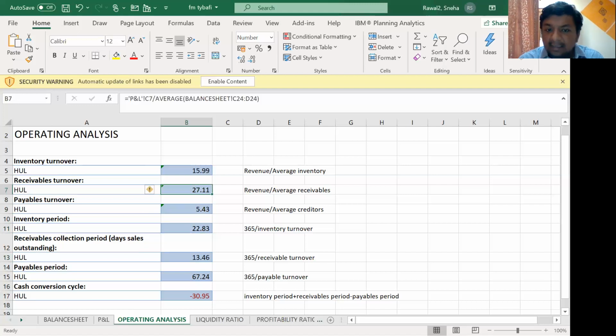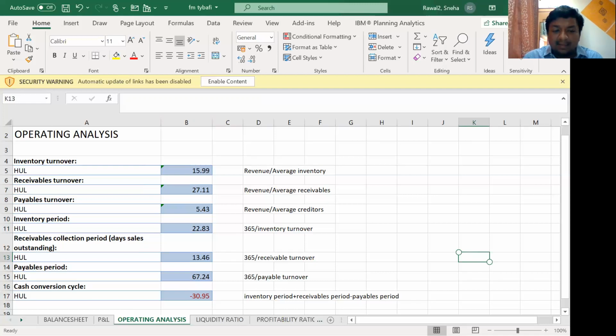This means that the lower the number, the better is the company as far as your credit policies are concerned. This shows the number of days debtors take to pay you cash. How quickly debtors are paying you cash is what this ratio specifies about your credit policy.